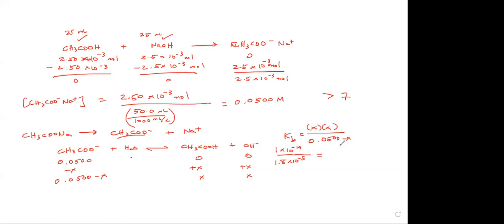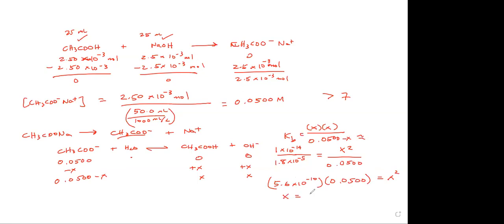And then you have X squared over 0.05 because you drop the X there. So the Kb would be around 5.6 times 10 to the negative 10. You multiply it with the 0.05 to equal X squared.